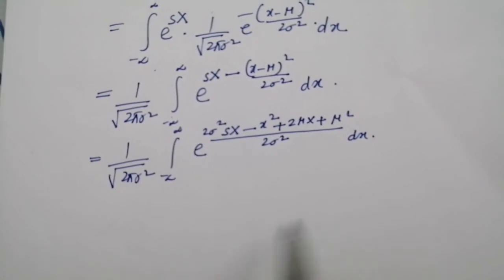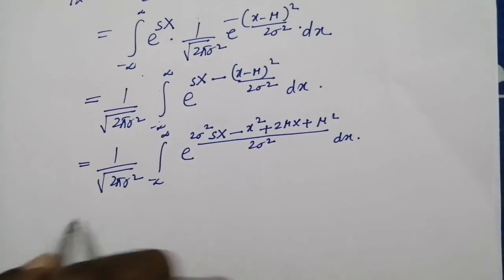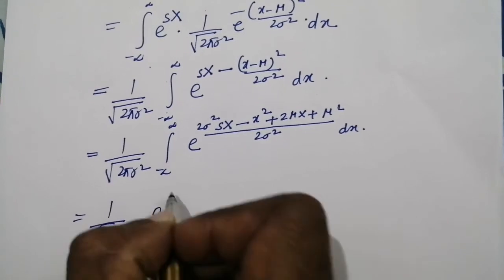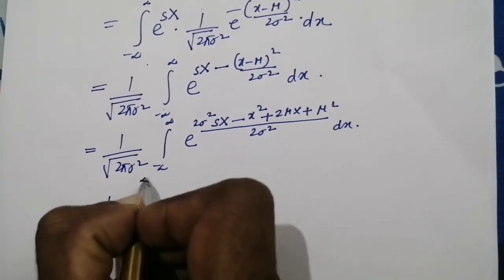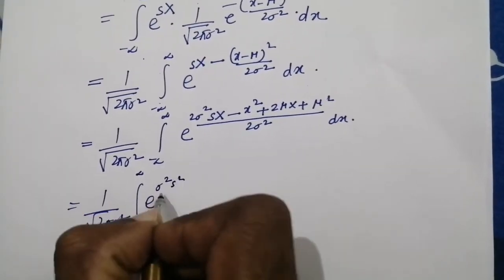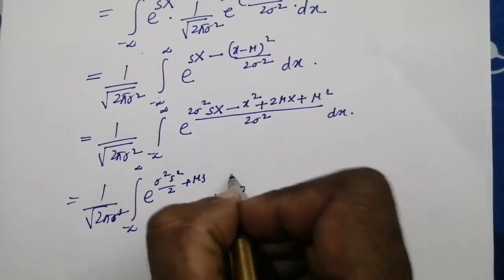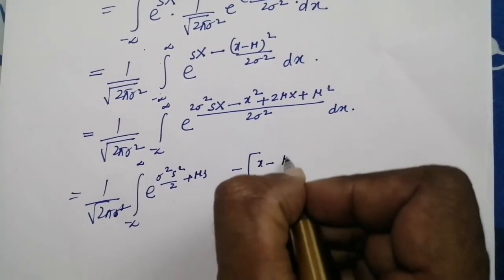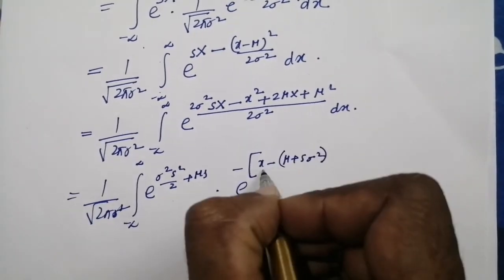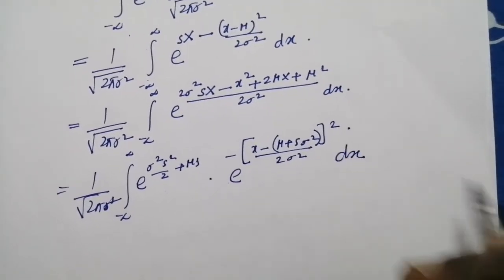Okay, so I will rearrange the terms inside this integral. This can be written as 1 by root of 2 pi sigma square, integral from minus infinity to plus infinity, e raised to sigma square s square by 2 plus mu s, into e raised to minus of (x minus mu plus s sigma square) whole square divided by 2 sigma square, dx.